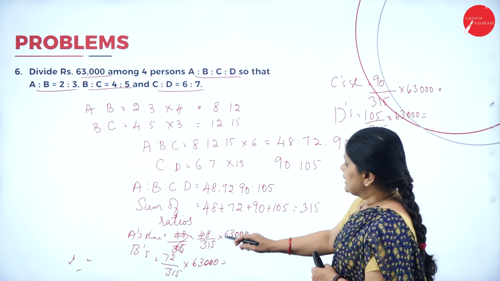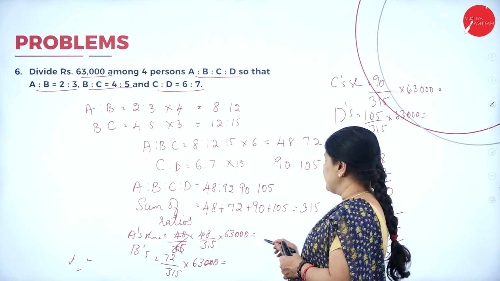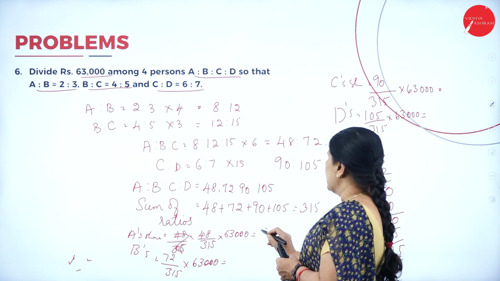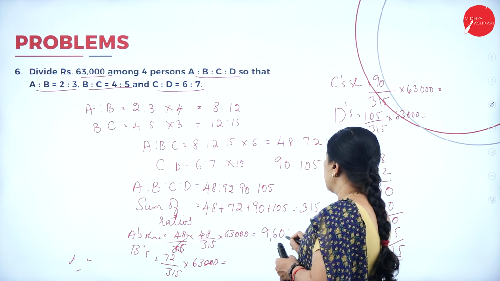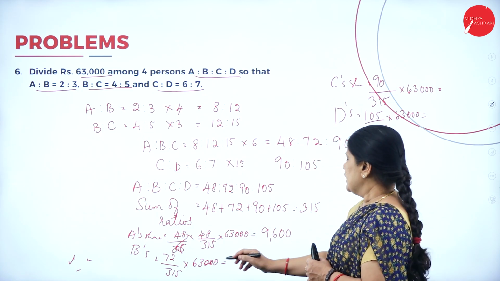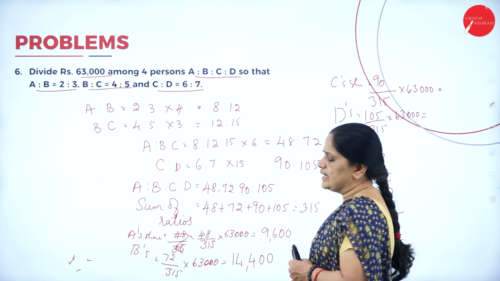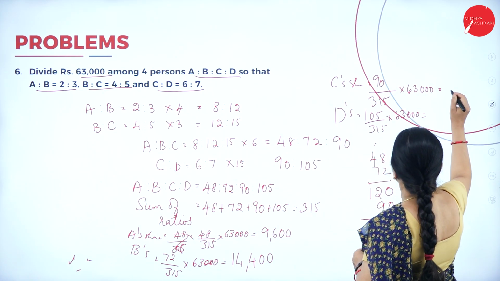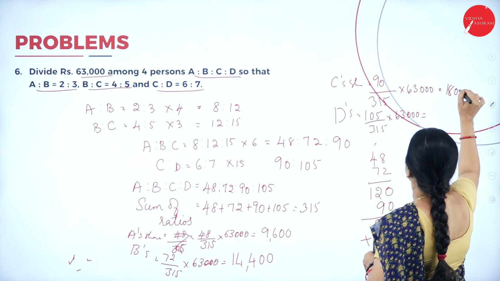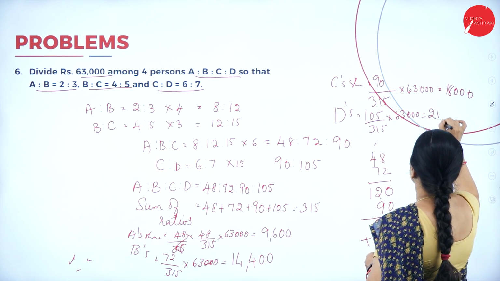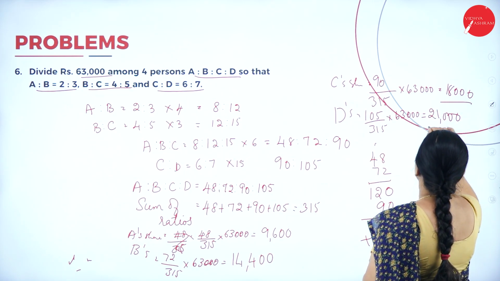So what is the answer we are getting? When we simplify this 48 by 315 into 63,000, I get the answer as 9,600. Now the next answer is 14,400. Then the next will be 18,000 and the last one is 21,000.